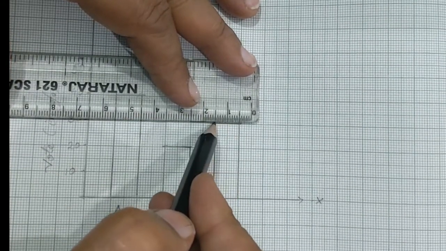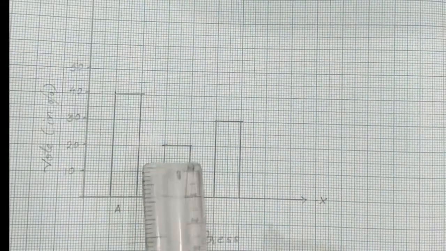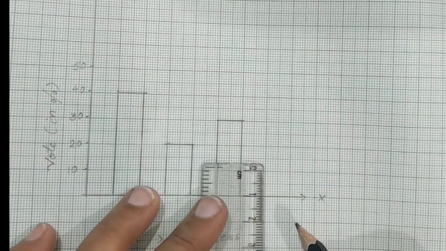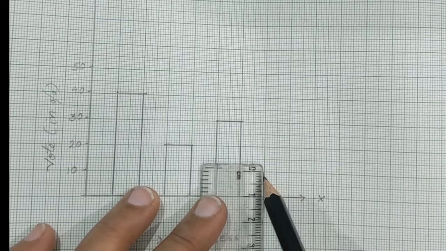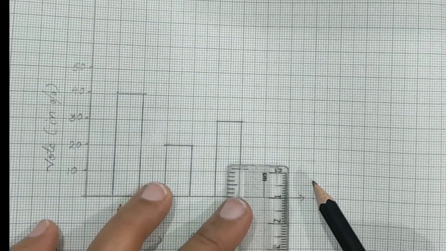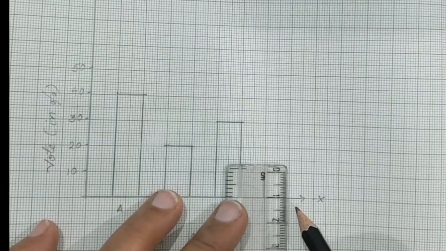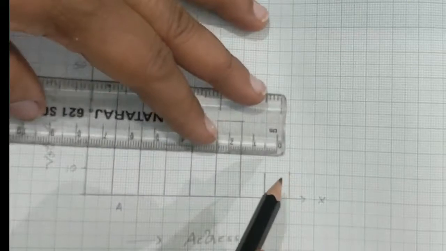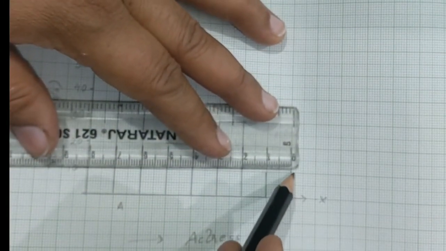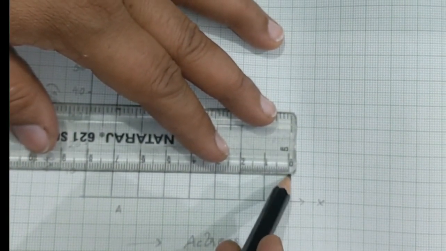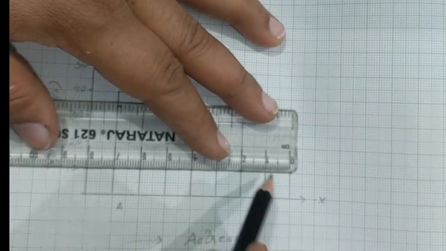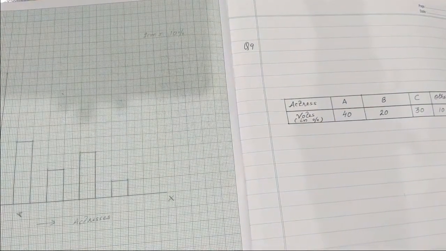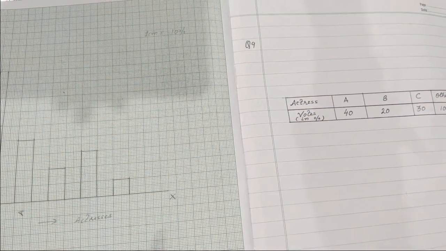Hope it's clear to all. Others got 10. So 10 means till this height. With this, your bar graph is completed.